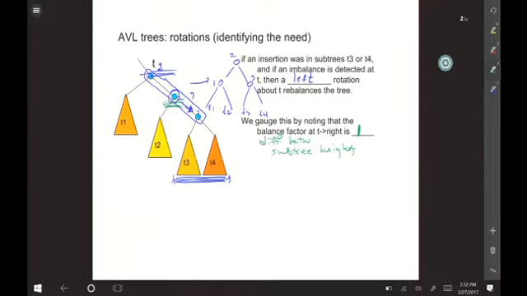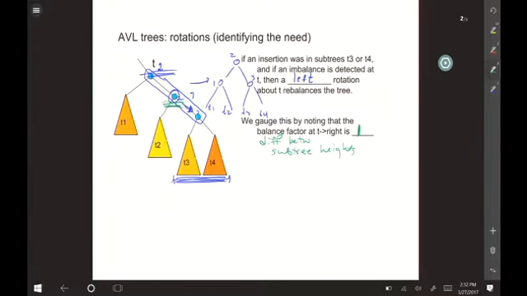T2 was longer, and we inserted in here to create a balanced tree, which would not have affected the balance factor above. So it has to be that when we change heights here, we change the balance factor in the green underlined spot to 1. It couldn't have changed to 0, because that wouldn't have resulted in an imbalance one level up.